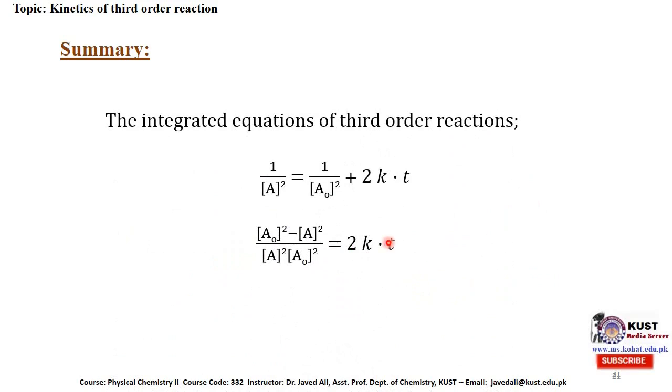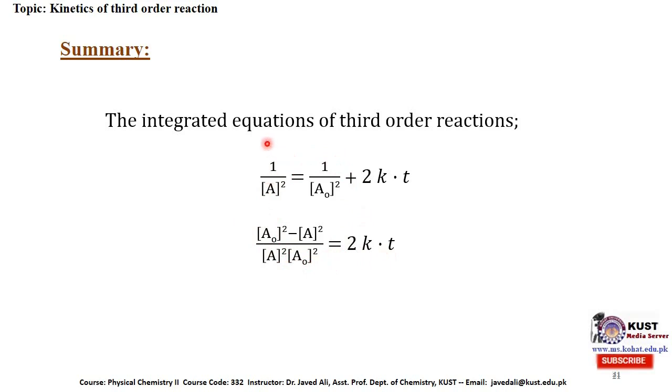The integrated equations of third order reactions are given below. 1 divided by a square is equal to 1 divided by a naught square plus 2kt. And another form is (a naught square minus a square) divided by (a square into a naught square) is equal to 2kt. Both of these integrated equations are straight line equations.